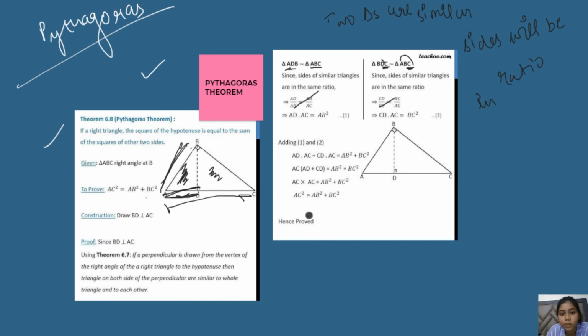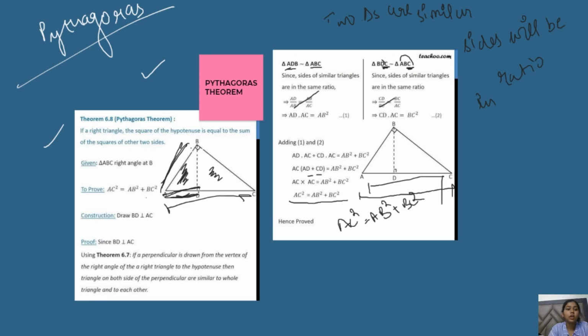Add both of them, and you will get AD into AC plus CD into AC. Just take AC common, and AD plus CD will remain. So AD plus DC will be equal to AC. We can write AC again, and hence proved that AC square is equal to AB square plus BC square.